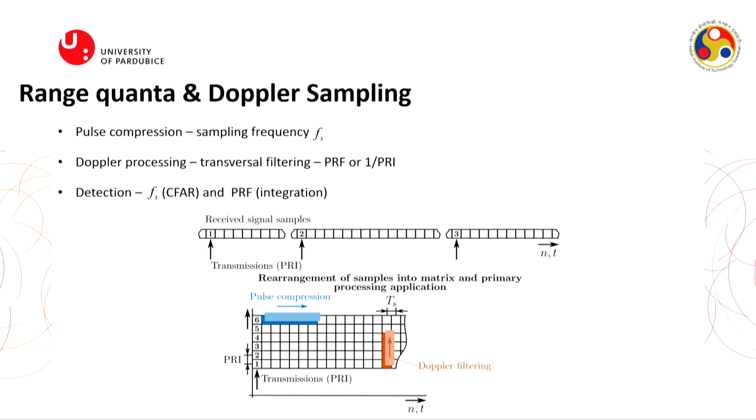And now imagine I take samples from the first PRI, second, and so on and so on, and make a matrix. And then take this sample, always the first sample of each individual PRI. And if it is 1000, then one CPI is 1000 PRIs.